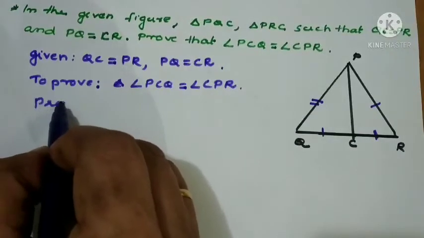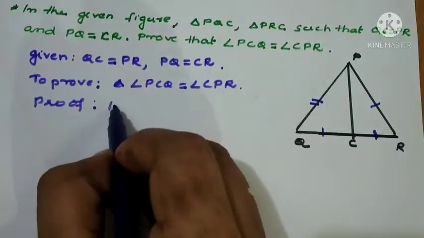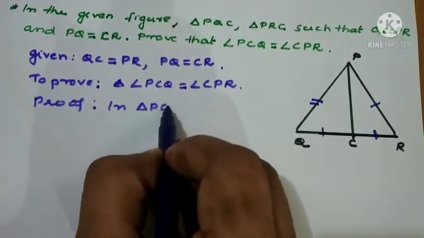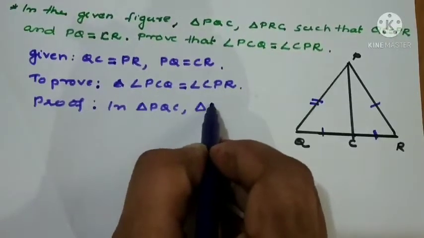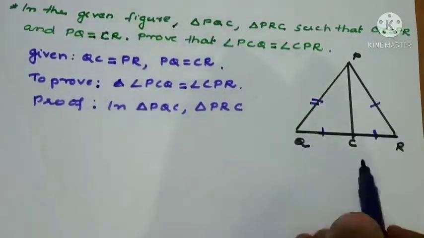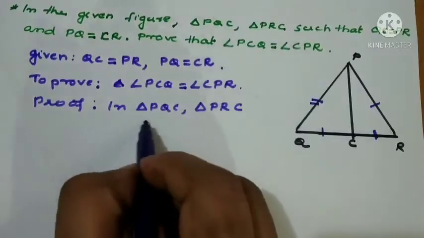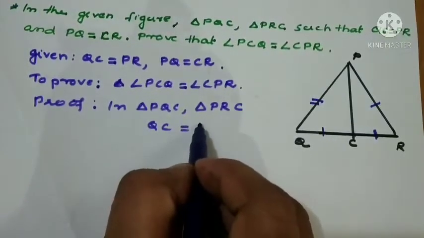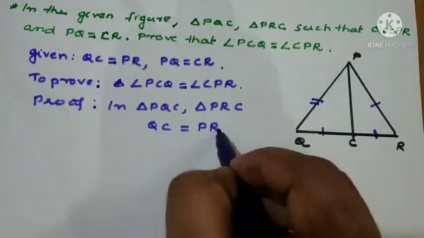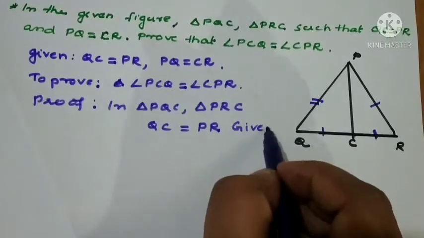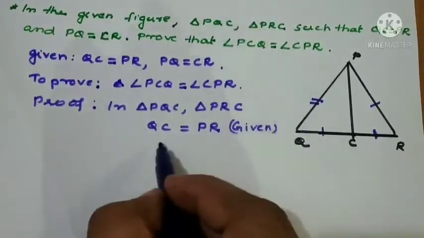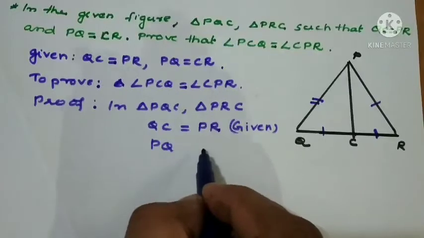Proof: triangle PQC and triangle PRC. PQC, what is the first equal side? QC, and the PRC, the first equal side is PR. What is the second equal side? PQ, and there CR only.